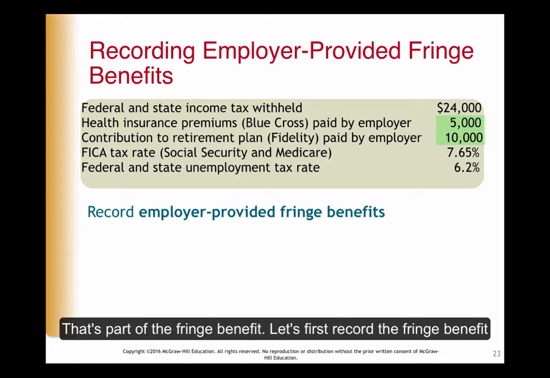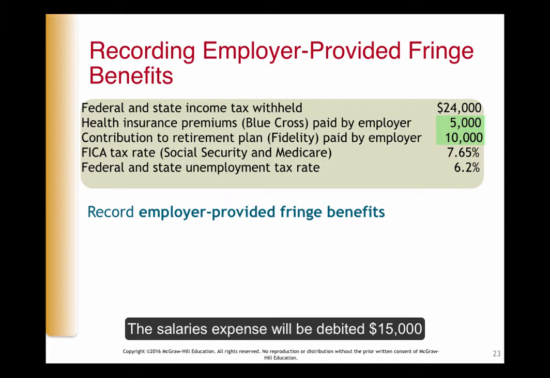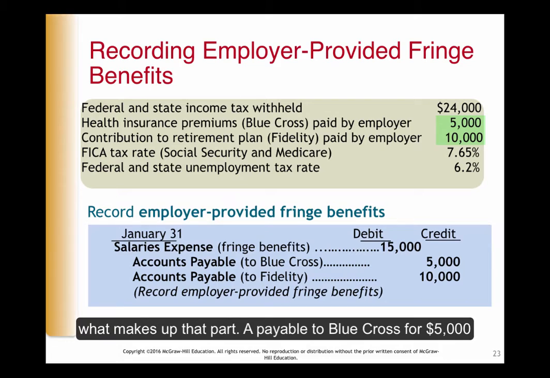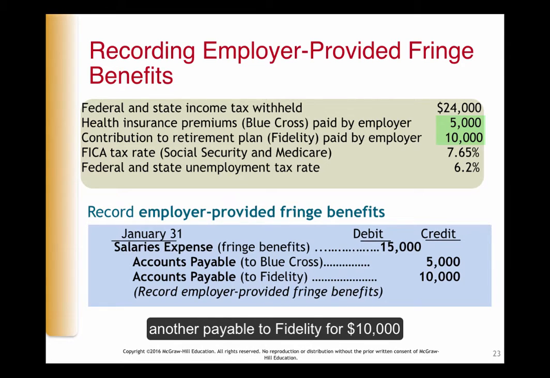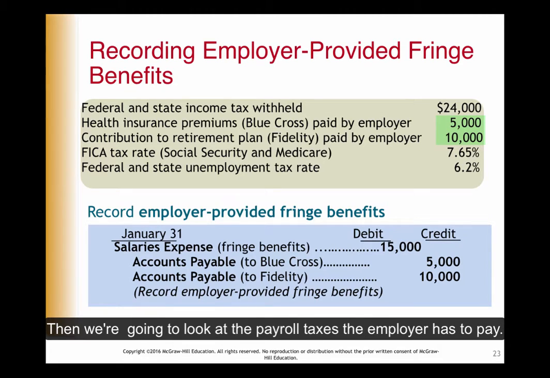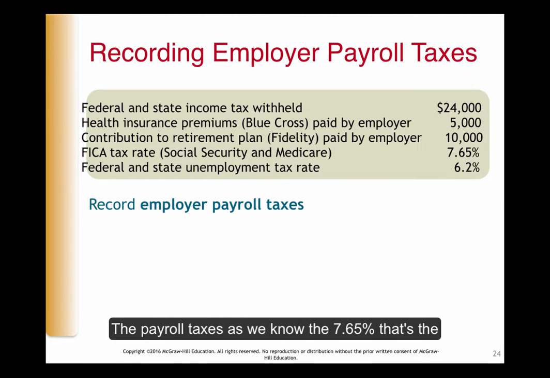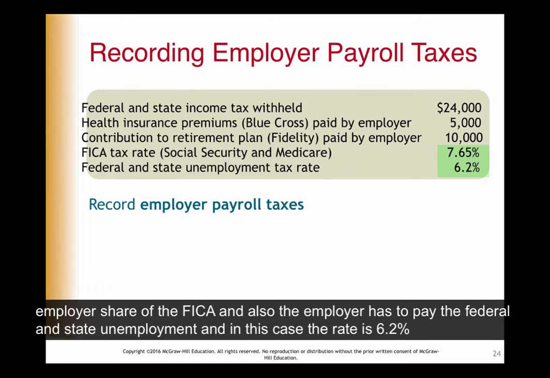So let's first record the fringe benefits. The salaries expense again will be debited $15,000, and what makes up that part? That's a payable to Blue Cross of $5,000 and another payable to Fidelity of $10,000. And then we're going to look at the payroll taxes that the employer has to pay. Payroll taxes, as we know, are 7.65%. That's the employer share of the FICA.